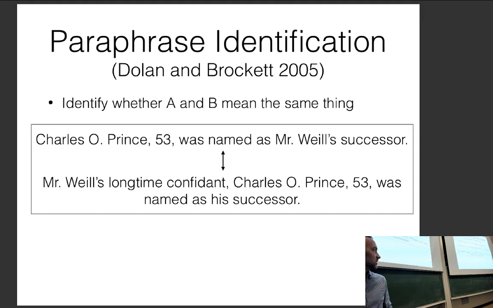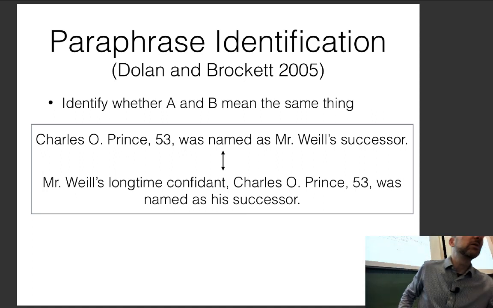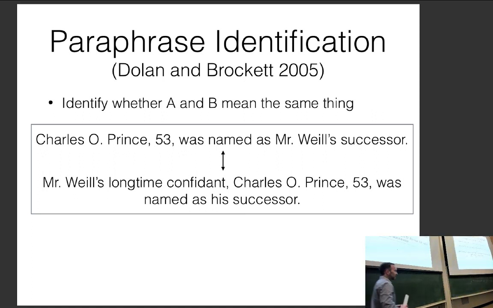So for example, we could have: Charles O. Prince, 53, was named as Mr. Wheel's successor, and Mr. Wheel's longtime confidant, Charles O. Prince, was named as his successor. So do these two sentences mean the same thing? Yes?